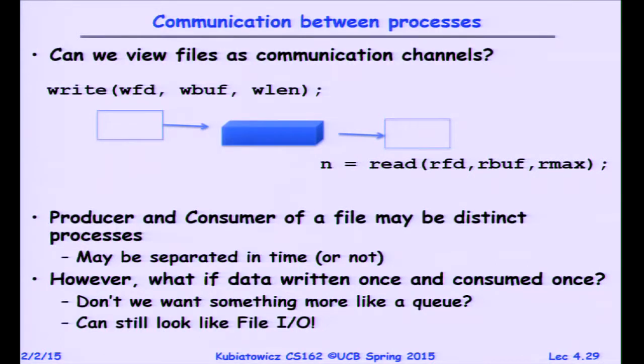I might do it this way, but for pretty much instantaneous communication, you wouldn't want to necessarily do it this way. Okay? But even if this was not actually a file, we can still make our operations look like file I/O. We can do writes and reads, no problem. Okay, even if what's stored here is not a file. Everybody with me?